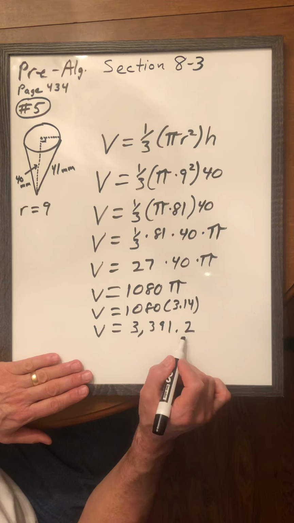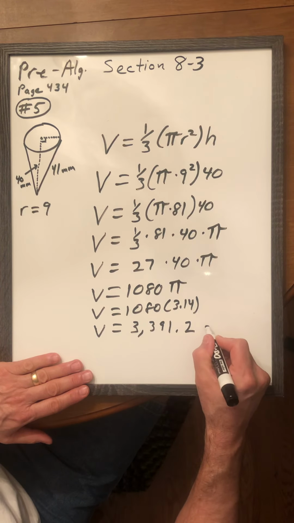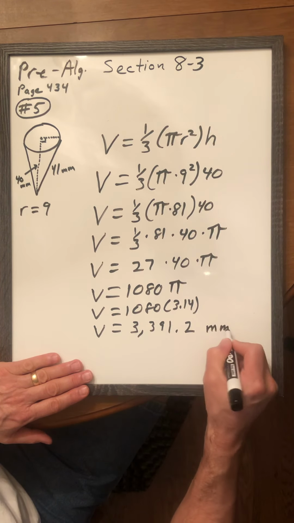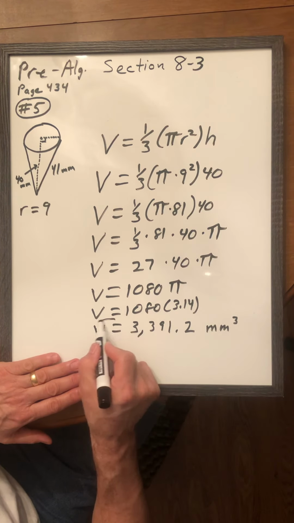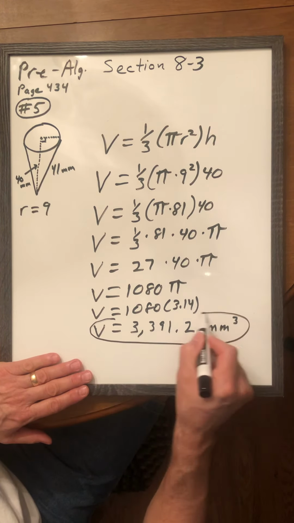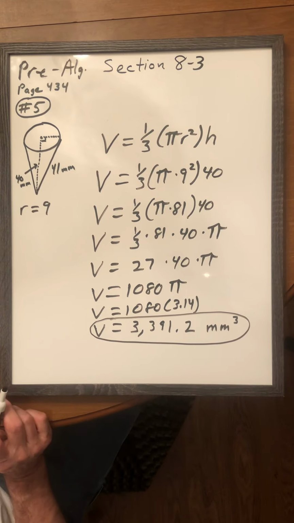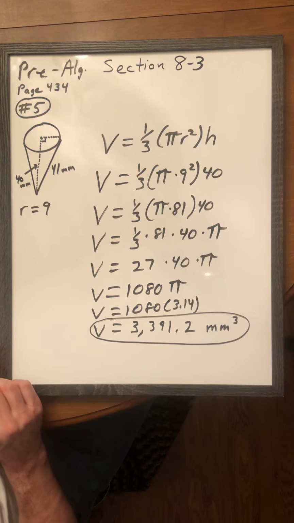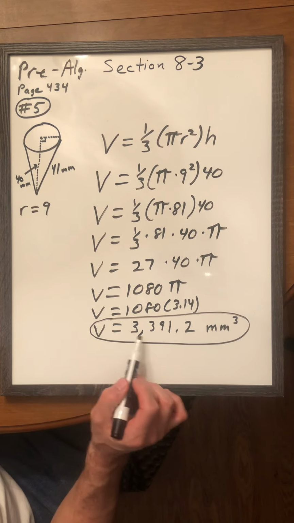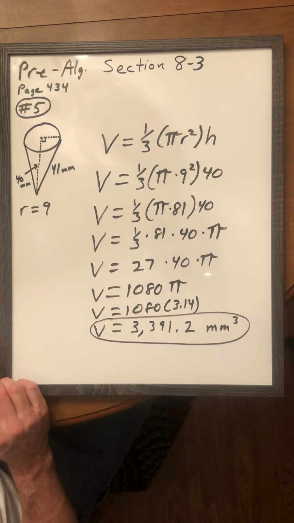Our units are millimeters cubed, because volume is cubed. So this is our final answer. The volume of the cone is 3,391.2 millimeters cubed.